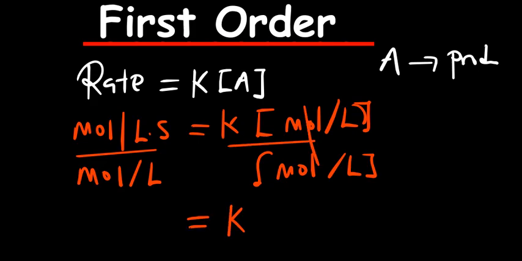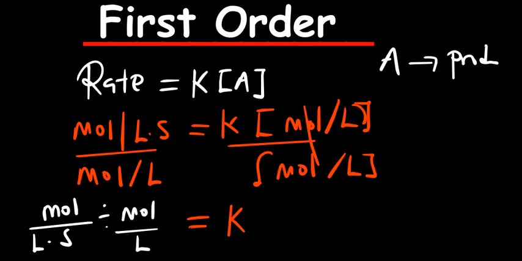If I write it nicely, I've got mole per liter on top, multiplied by a second, and I'm dividing by mole per liter. Because I'm dividing, this one becomes the numerator and this one becomes the denominator. So let's write it like that: I'm going to have liter on top, then mole down.